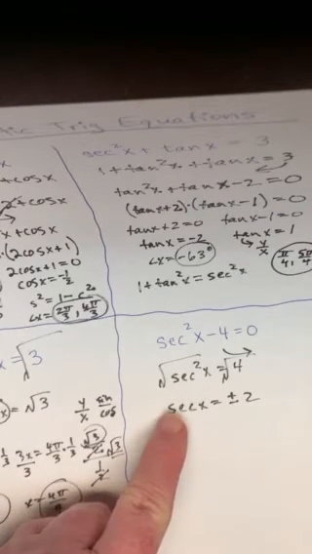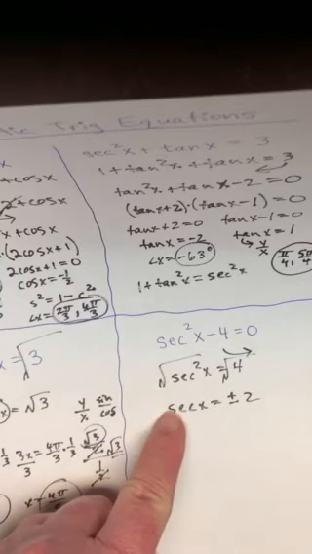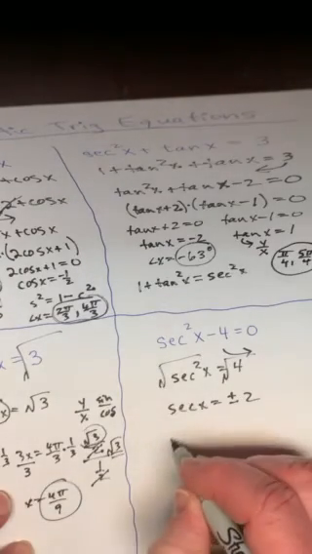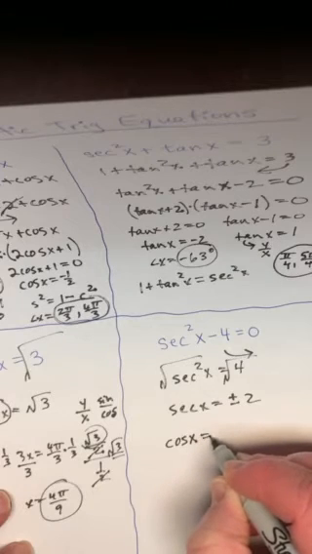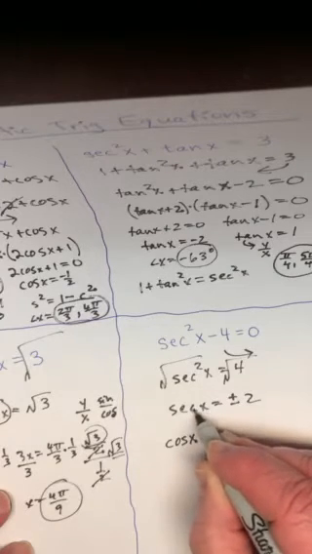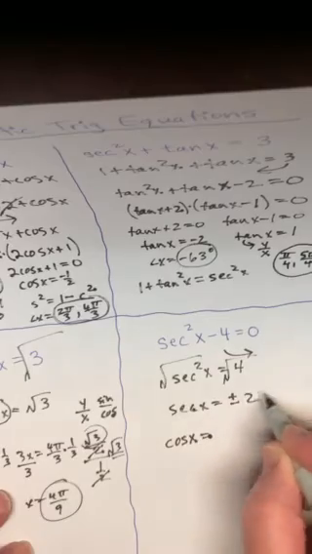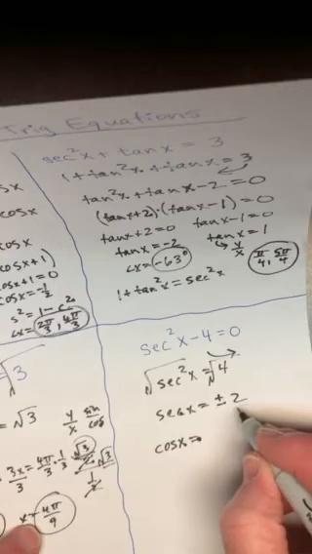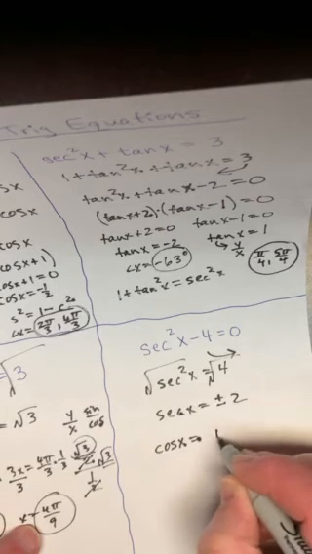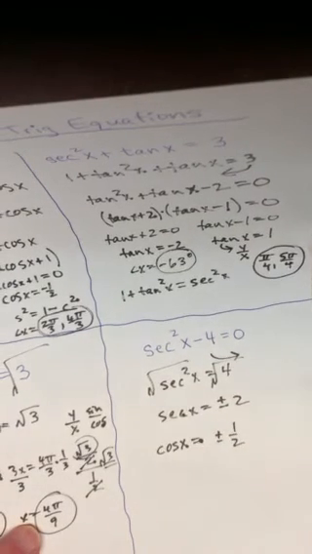Secant is what? The reciprocal of cosine. Agreed? So we're going to write cosine of x equals, and I'm allowed to change secant into cosine as long as my answer gets reciprocated, or flipped. So this is plus or minus 1/2.